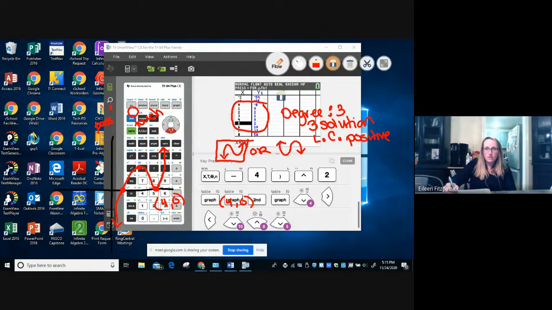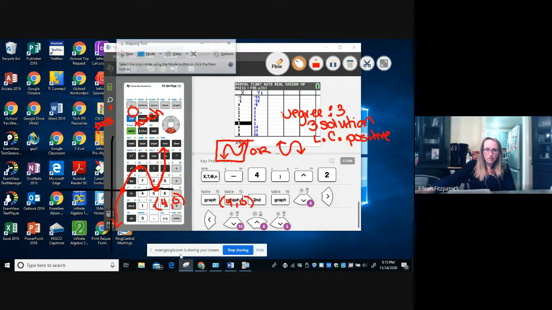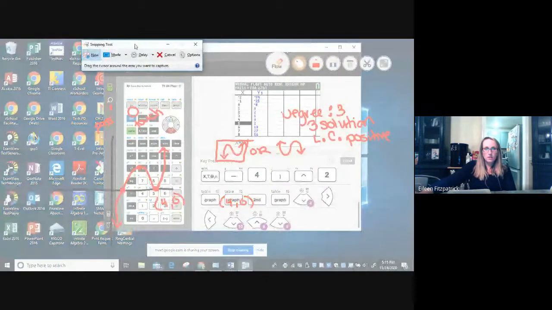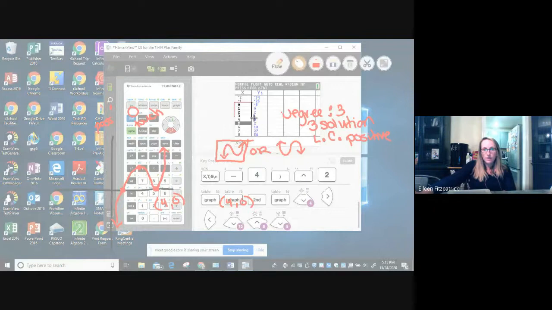Let me see if I can do this an easy way. I don't know if this will work, but we'll see. I'll try snippet, new. I'm sure you guys know about snippet, but I love it. I use it all the time.